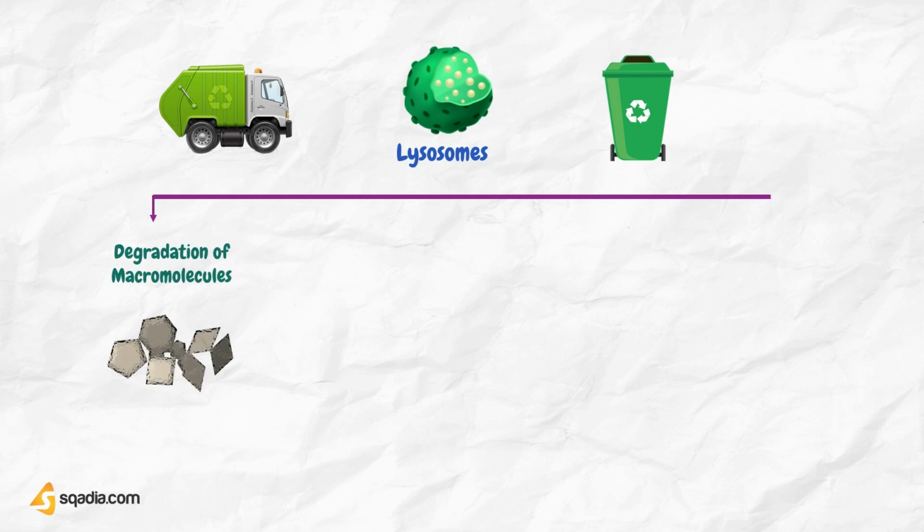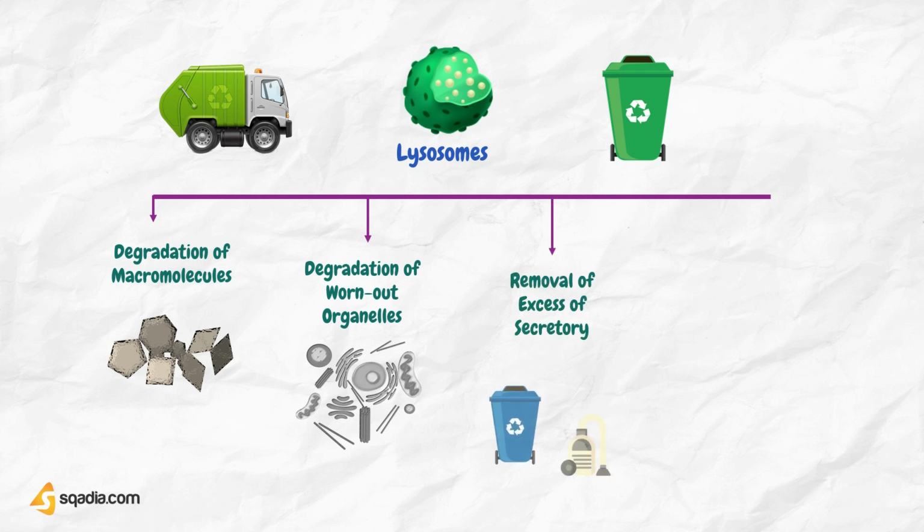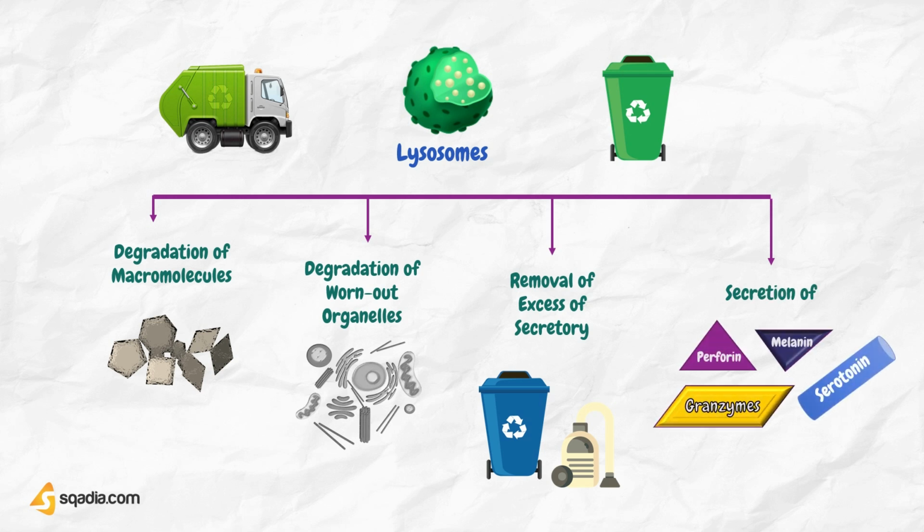About 50 different hydrolytic enzymes, known as acid hydrolases, are present in the lysosomes, through which lysosomes execute their functions. Its functional activities include degradation of macromolecules, degradation of worn-out organelles, removal of excess secretory products, secretion of perforin, granzymes, melanin, and serotonin.